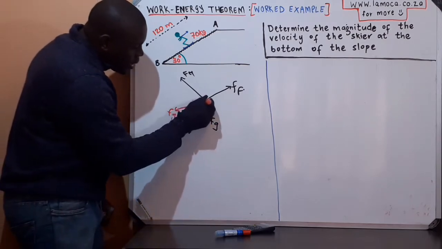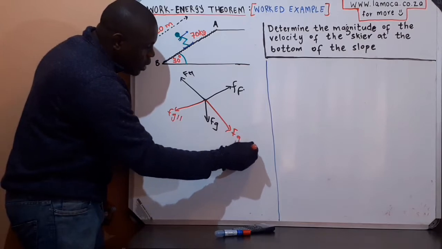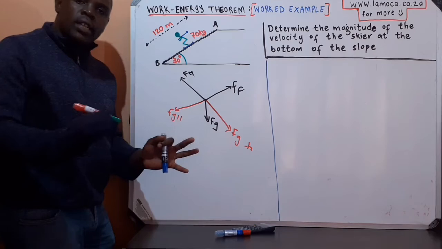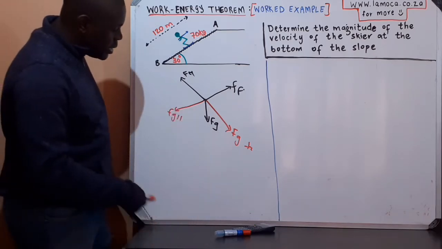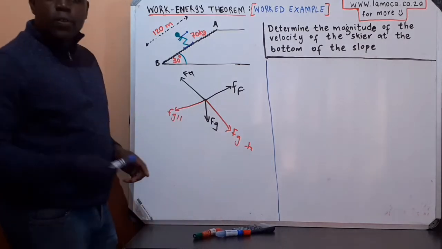It's also going to have another component there, which is perpendicular to the incline. We'll call it FG perpendicular. The ones in black are the correct free body diagram. However, the ones in red are just us showing the gravitational force explicitly, to show that it has components on the line of action.